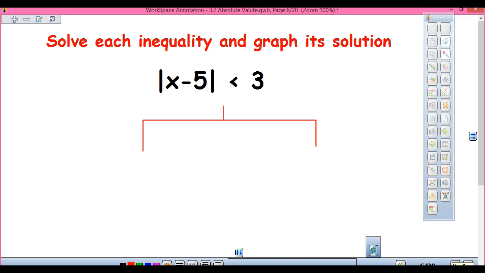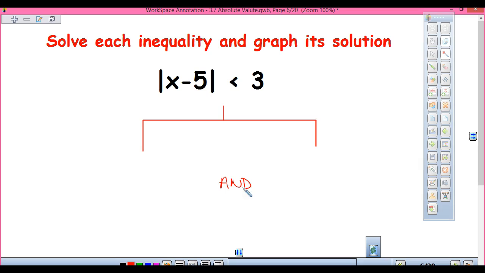So if we look at the absolute value of x minus 5 is less than 3, first of all, is this going to be and or or? This is going to be an and because it's less than.